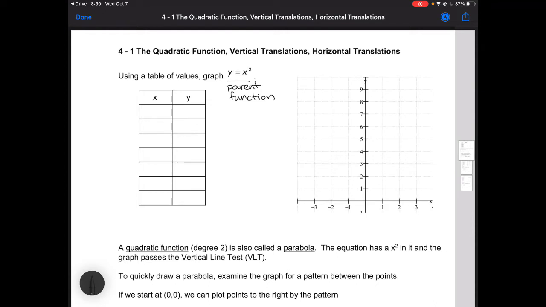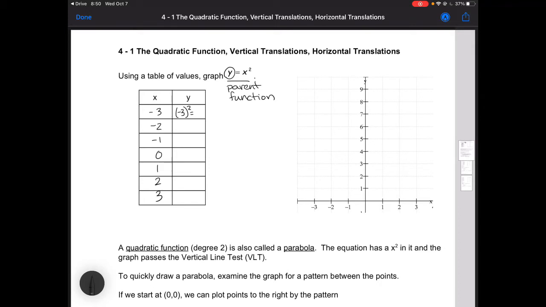So the first thing we're going to do is use a table of values to graph y equals x squared. I'm going to start with some negative values, and I'm going to go all the way up to positive 3. Remember, to find my y coordinate, all I'm going to do is square the number because of what the function tells me.